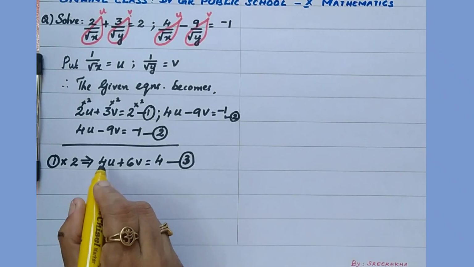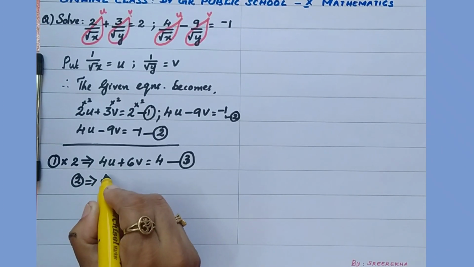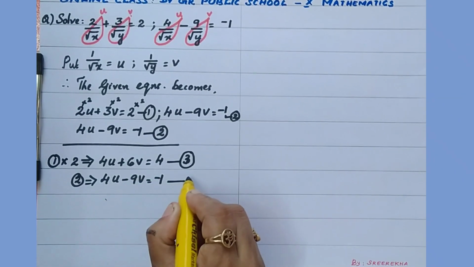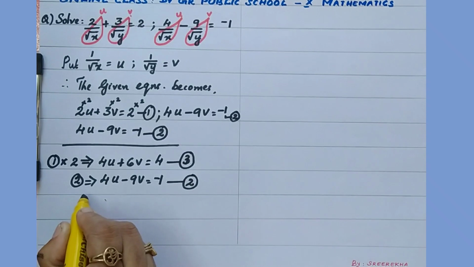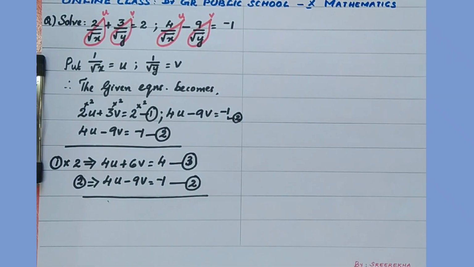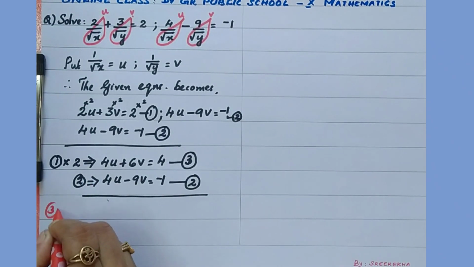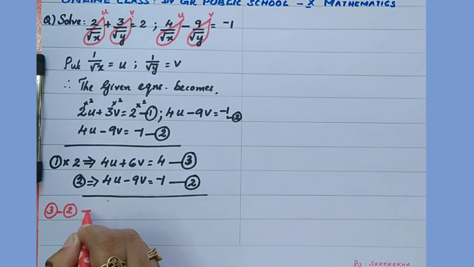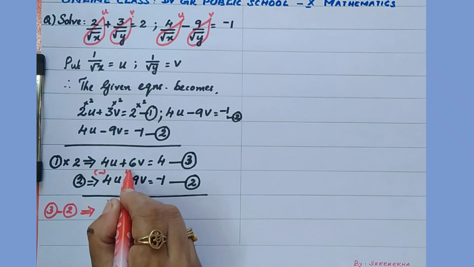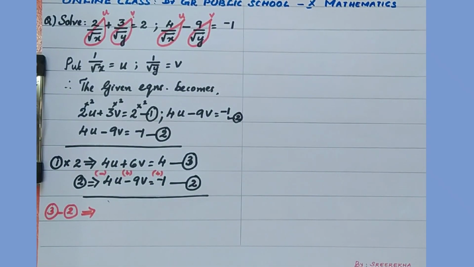But I don't wish to change the second equation. Second equation I am going to write as it is: 4u minus 9v equals minus 1. This is your equation number 2 itself. Why? Because now both of them have the same sign. I am going to subtract these two equations. So equation 3 minus equation 2: minus becomes plus, changing the sign of the variables.